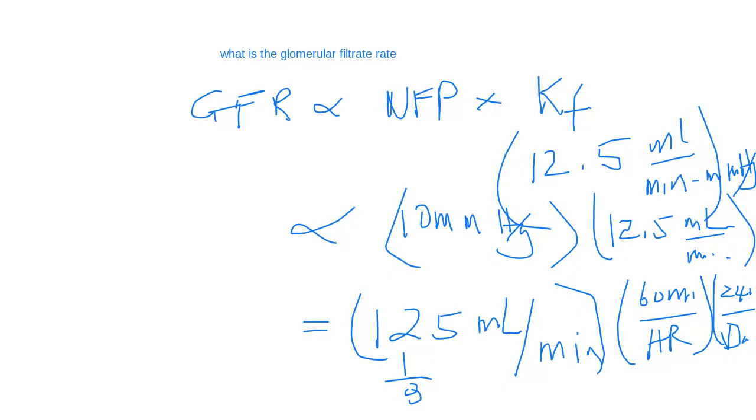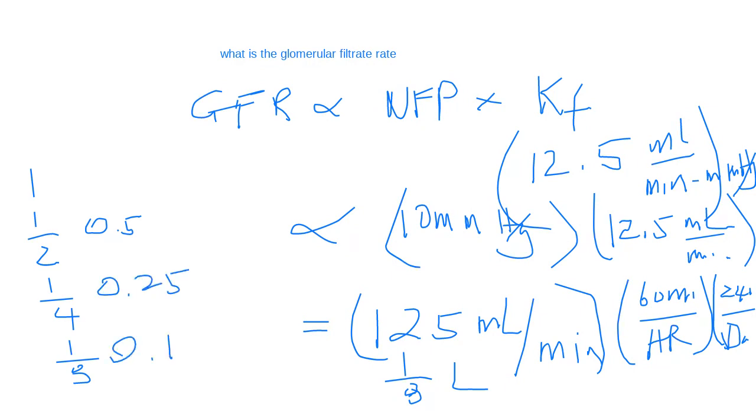Do you believe that? If you say 1 liter, a half of a liter, a half of a half is a quarter, and a half of a quarter is an eighth. So this is 0.5, this is 0.25, and this is 0.125. 0.125 liter is the same thing as 125 milliliters.